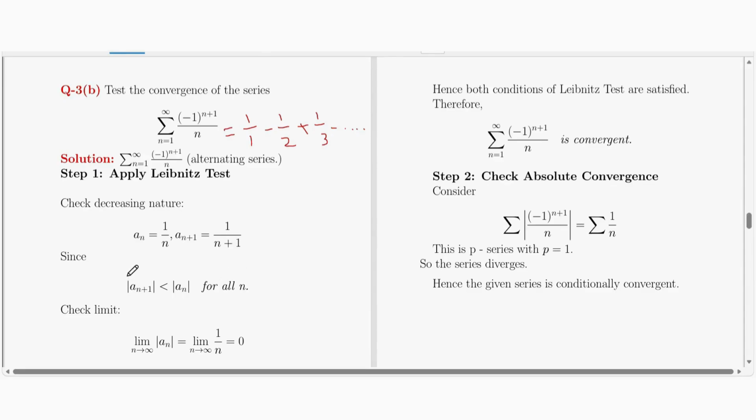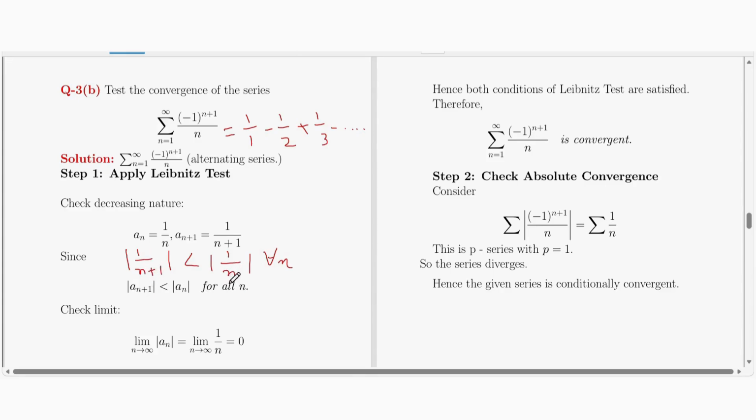Now compare here. 1 upon n plus 1 is obviously less than 1 upon n for all n. Say yes or no. Here the denominator is larger, so the entire number will be less for all values of n. For example, put n equal to 1, then 1 upon 2 is less than 1, 1 upon 3 is less than 1 upon 2. Put n equal to 4, 1 upon 5 is less than 1 upon 4.